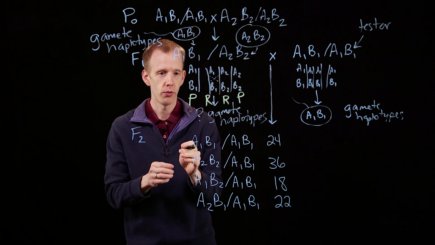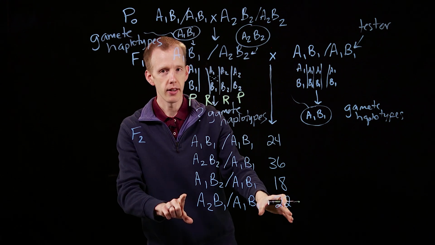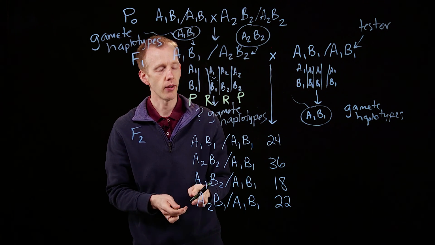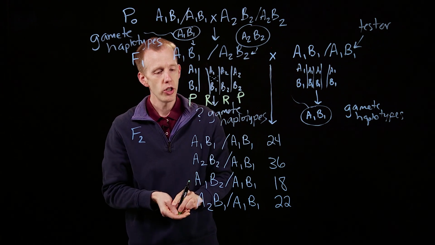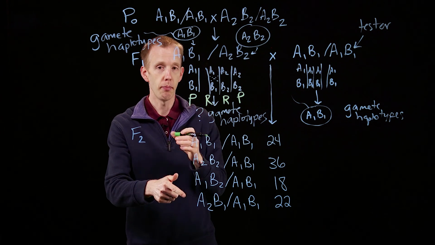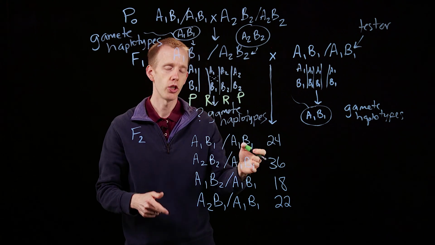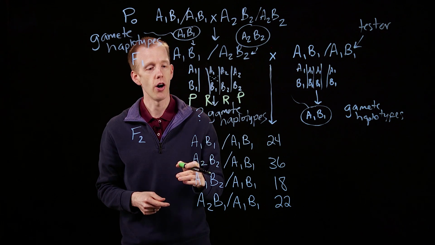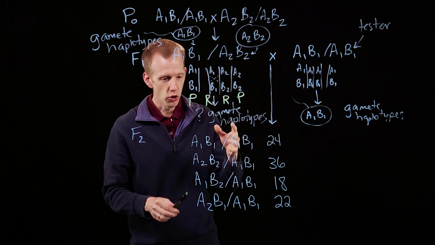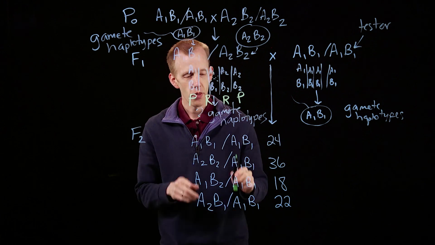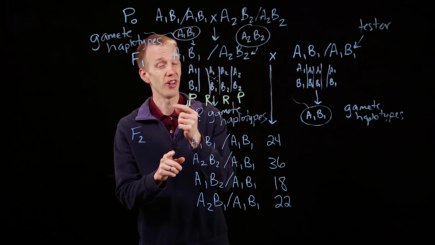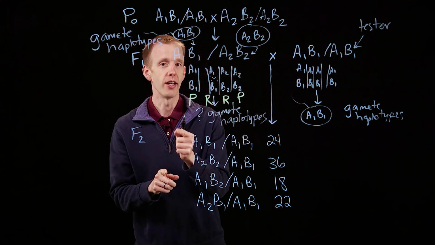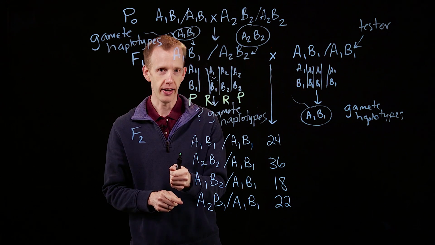So what we need to do, the next step after we find the genotypes of the F2 offspring, is to figure out which of these 4 genotypes are the parent types, P, and which 2 are the recombinant types, the Rs. Now, there's a lot of genetic information down here. The reason that we use the tester, again, is that we know its genotype because it's homozygous.